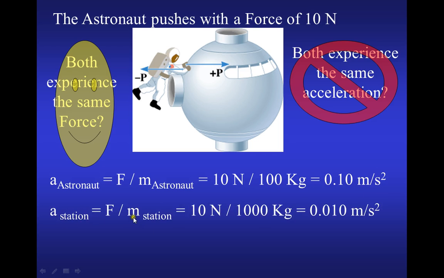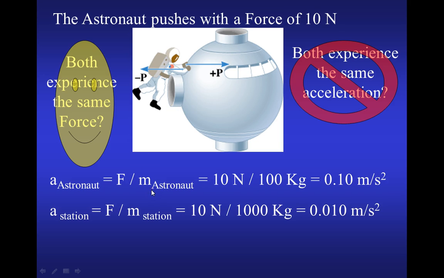And for the space station, the 10 newton force divided over this 1,000 kilogram mass space station would be a lower drop by an order of magnitude, 0.01 meters per second squared. Just throwing out some numbers there for an example that no, they're different accelerations because the objects have different mass.